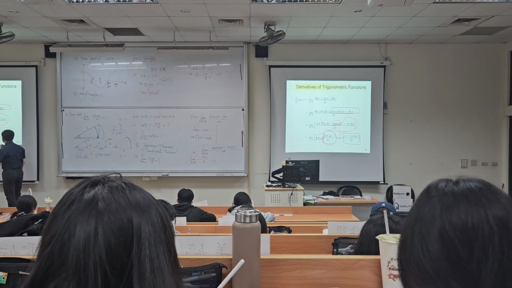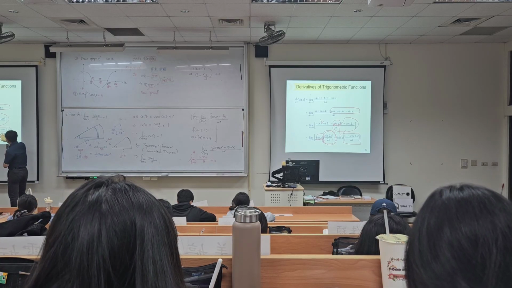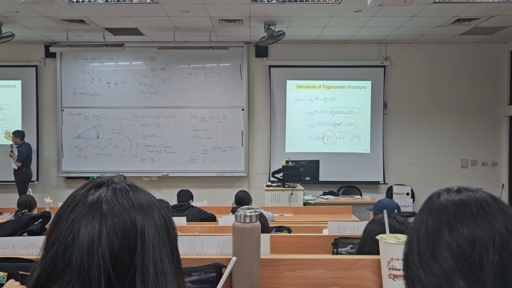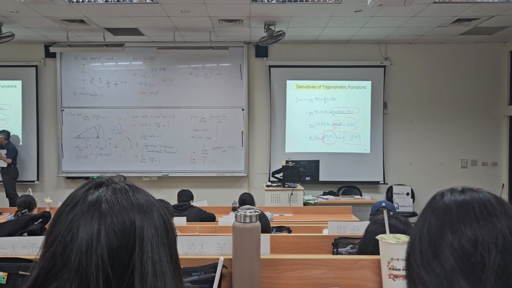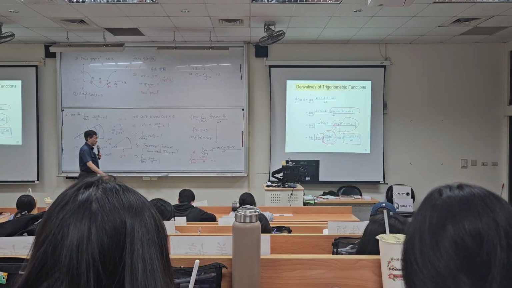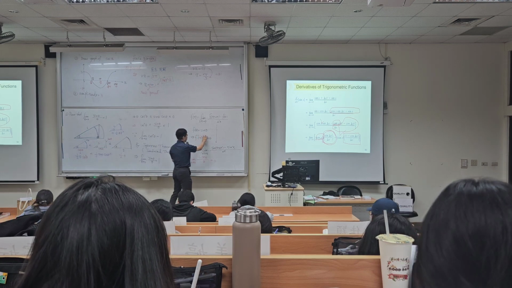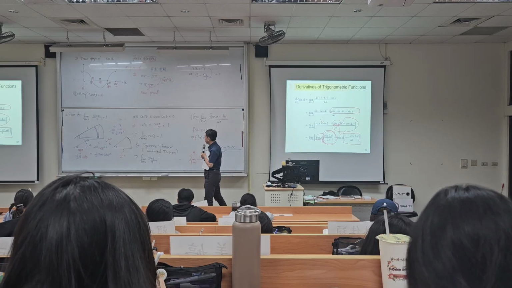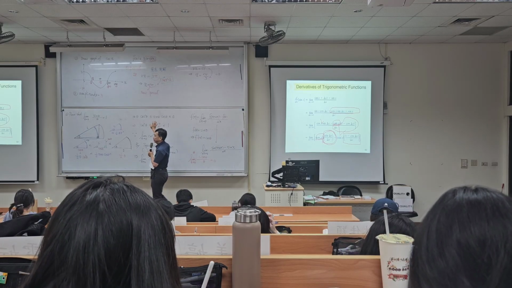So we only need to show this part, that its limit approaches 0. Then we will get the cosine theta for this. Questions so far?